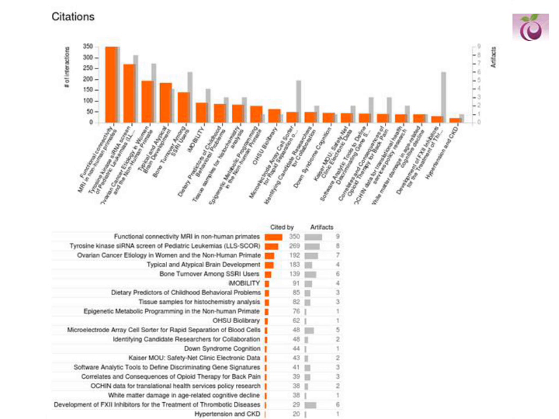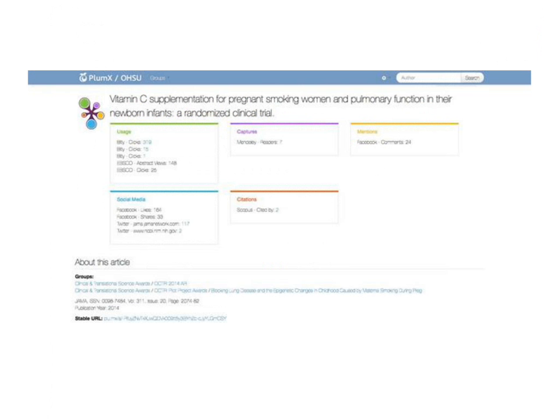And here is the artifact level view of the article and the research project I was just talking about. So there's actually just one article associated with this particular pilot project. Many of the pilot projects have many more than that, and various artifacts or research projects associated with it.